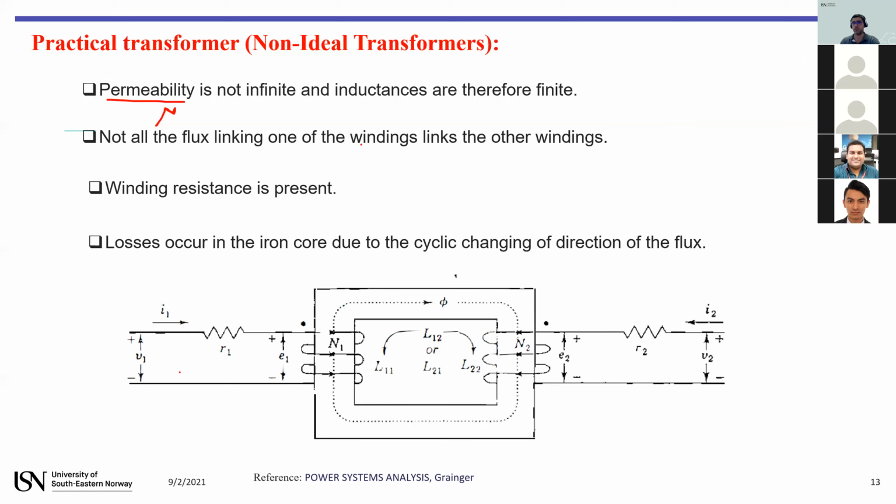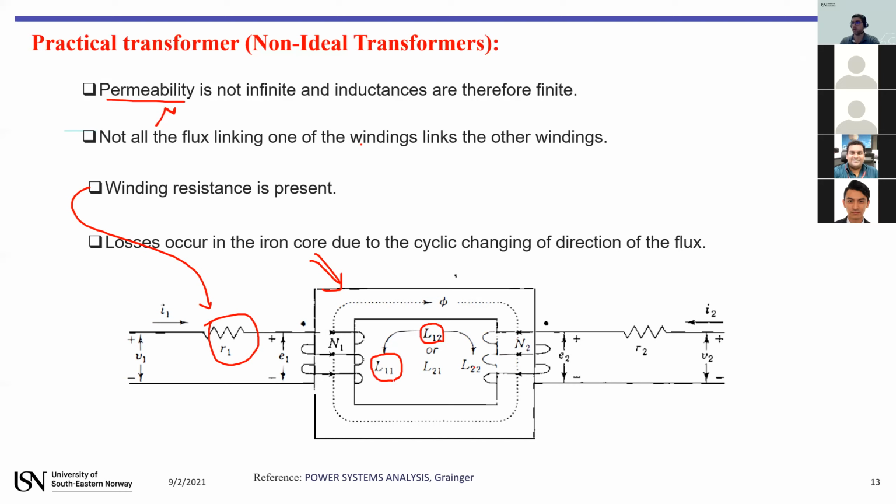You can see here, R is the resistance of winding, and because of the core, we have some losses. We will talk about that. And we have inductance here.